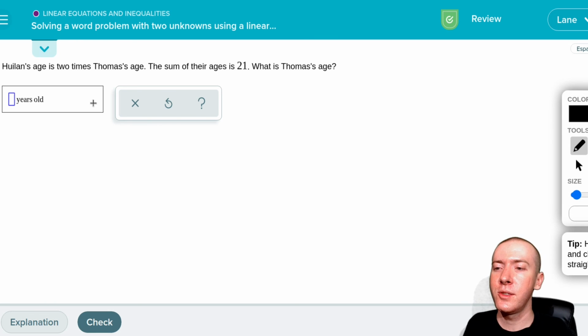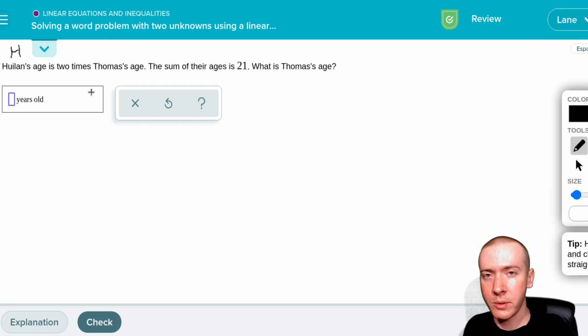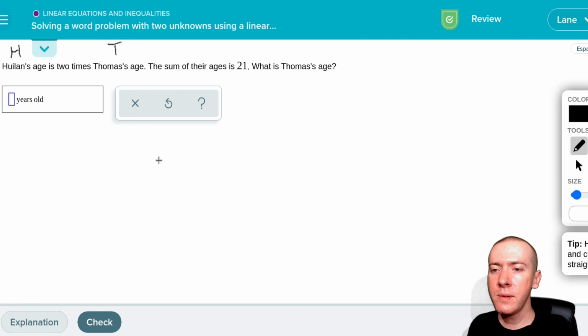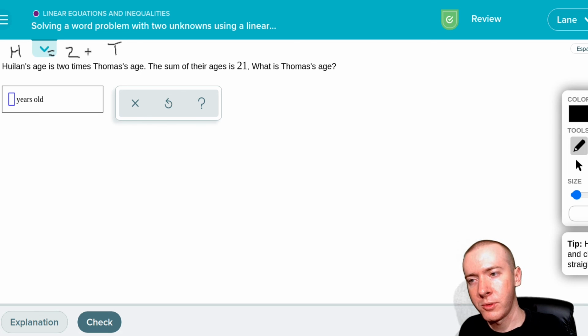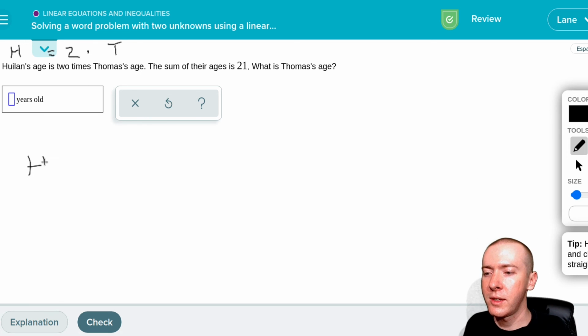Huilan's age is 2 times Thomas's age. I'm going to represent this one with an H, this one with a T, and this first sentence says Huilan's age is 2 times Thomas's age. Is means equals, 2 times means 2 times, so H equals 2 times T. That's our first equation. We got that from the first sentence.